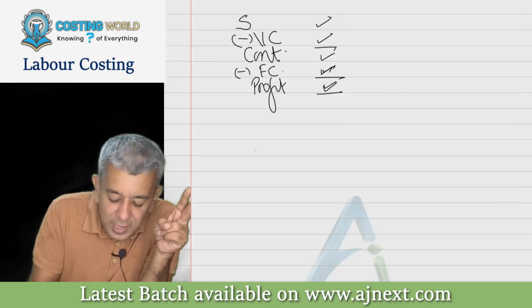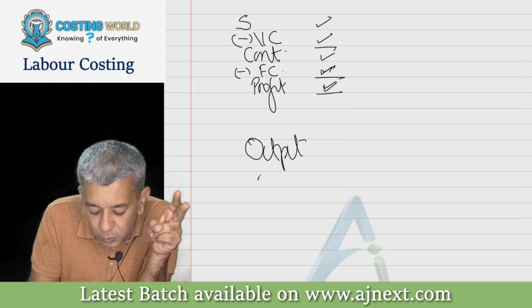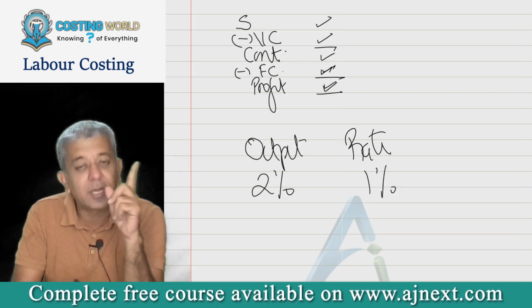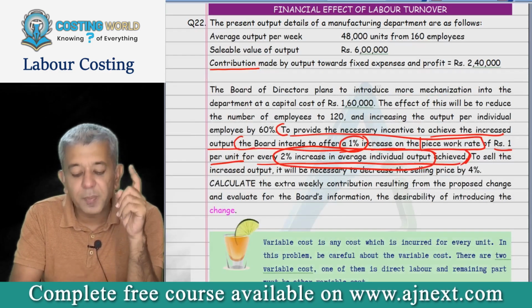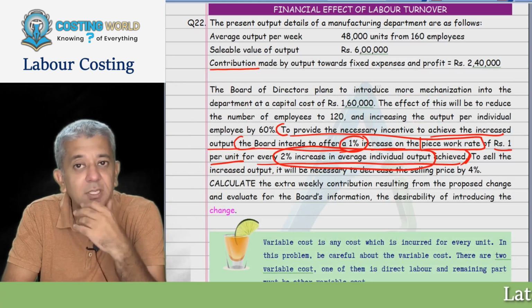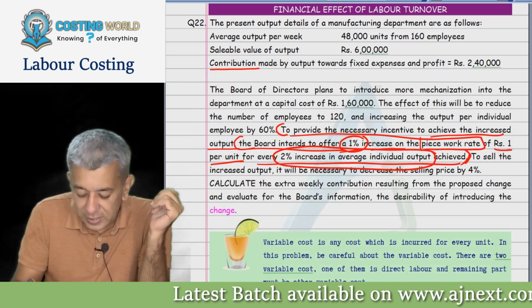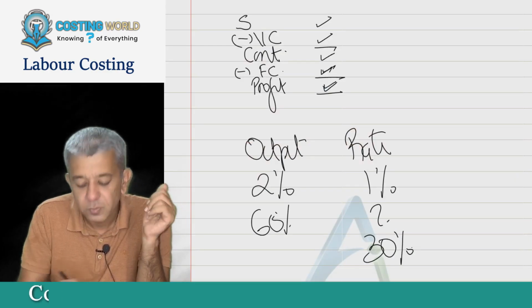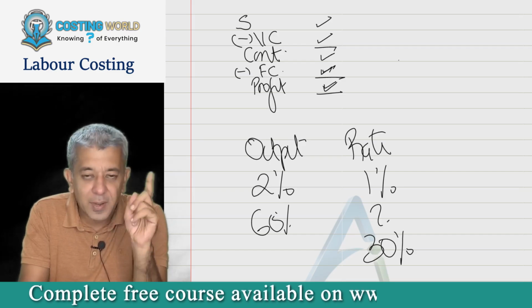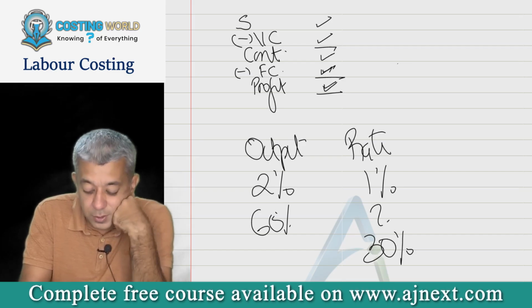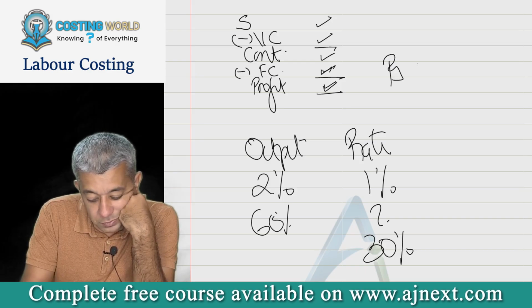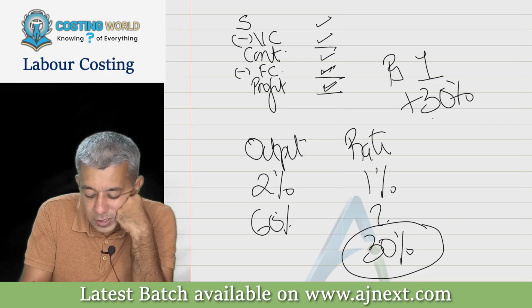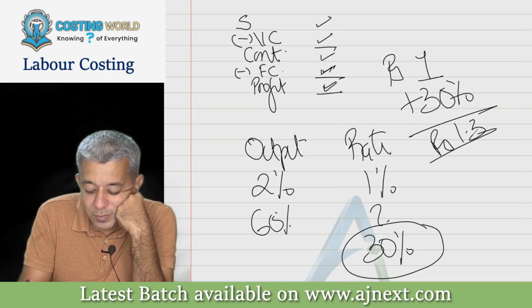So if output increases by 2%, the rate increases by 1%. Workers will be increasing their output by 60%, so their rate should be increased by 30%. The current rate per unit was rupee 1. Under this new scheme, we will increase it by 30%, so the new rate per unit will be 1.3.